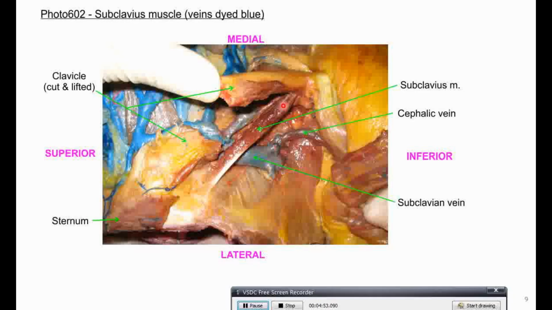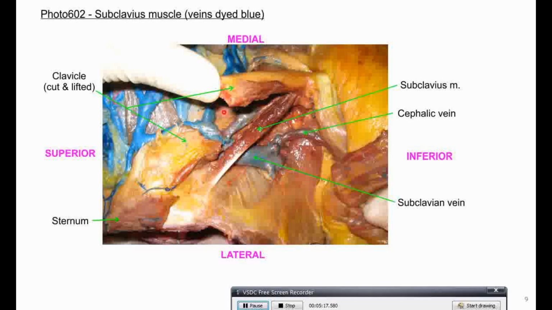Gently push a finger inferior to that muscle, that is subclavius, along the line of axillary vessels. It will pass over the first rib deep to the clavicle into the root of the neck.